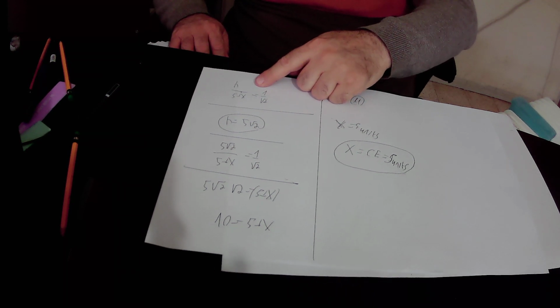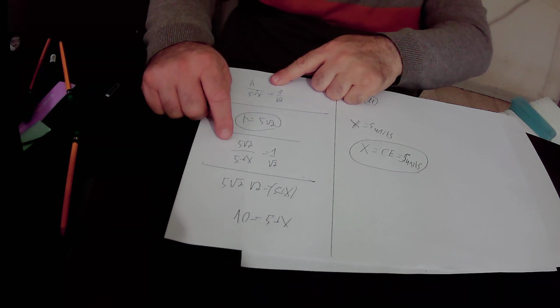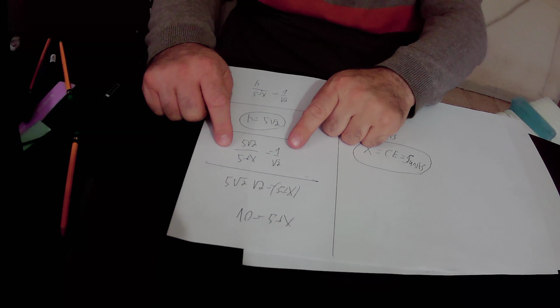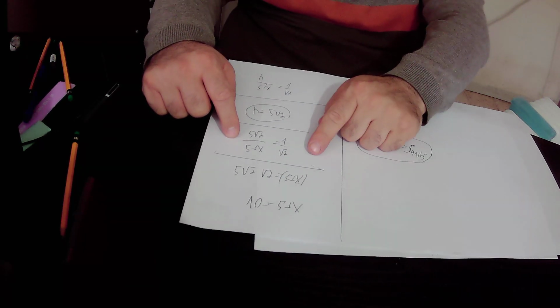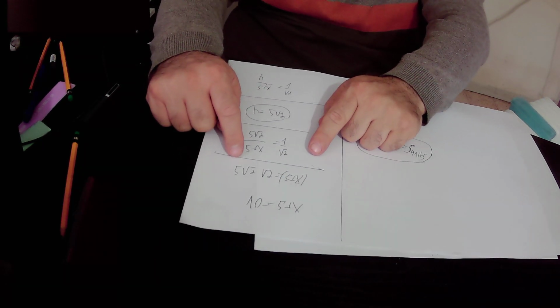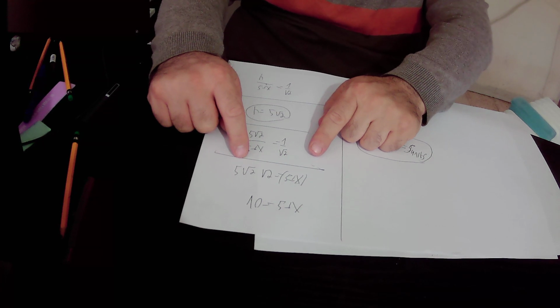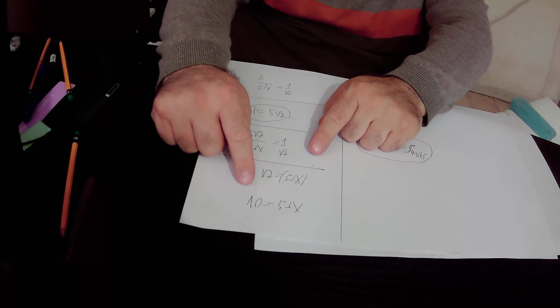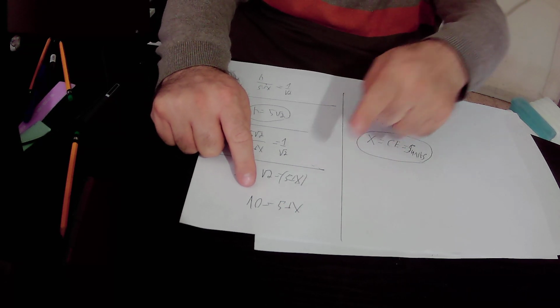In this equation, we substituted it and got 5 times square root of 2 over 5 plus x equals 1 over square root of 2. By cross multiplying, we found out that 5 times square root of 2 times square root of 2 equals 5 plus x. Square root of 2 times square root of 2 is 2, and 2 times 5 is 10. So in conclusion we found that 10 equals 5 plus x.